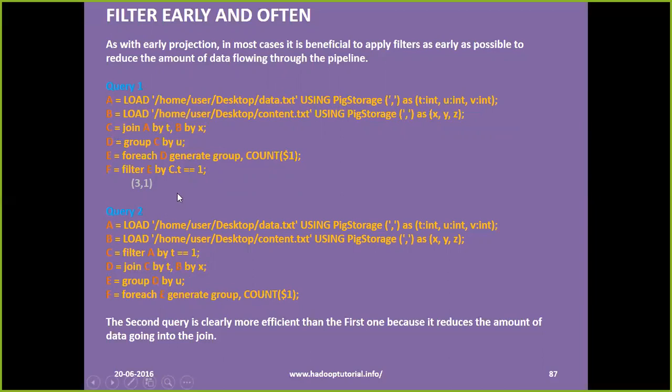So if you reduce the record count in the beginning itself, there will be a lower record count. Let's say you have 10,000 records and with this criteria there are only 100 records, then only 100 records move through the map and reduce phases, and your results will come faster instead of moving the 10,000 records through the map and reduce phases. And finally, anyway, you need only these types of records.